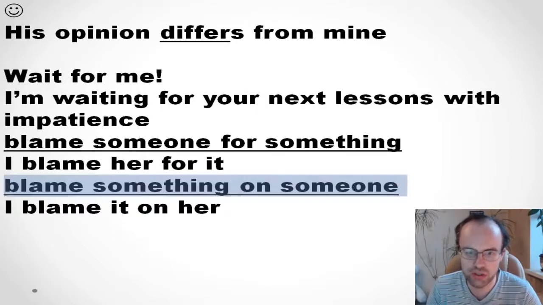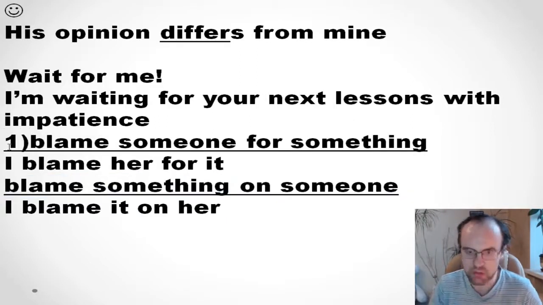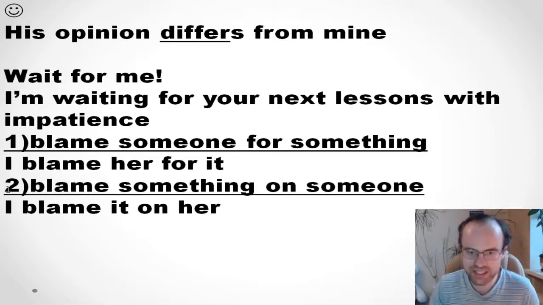Blame her for it, because it's the first structure, blame someone for something. And I blame it on her, so we have on because it's the second structure, blame something on someone. It's a very tricky question indeed, but just try to memorize it.